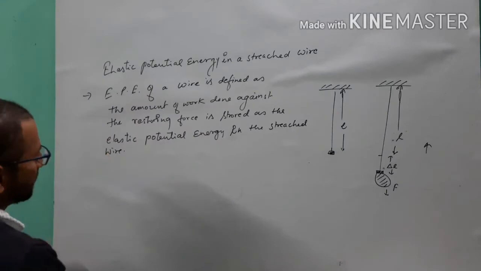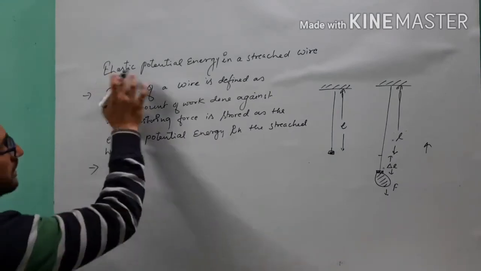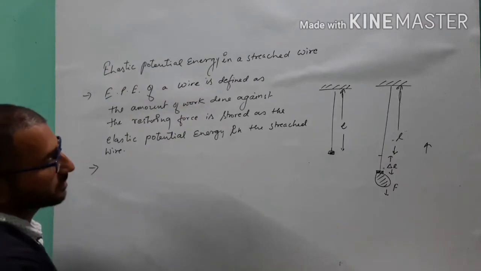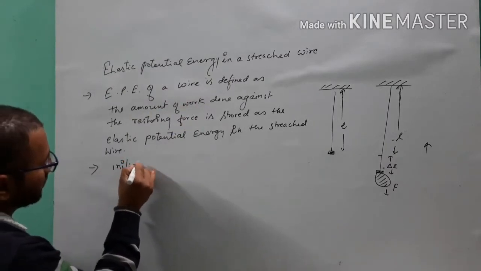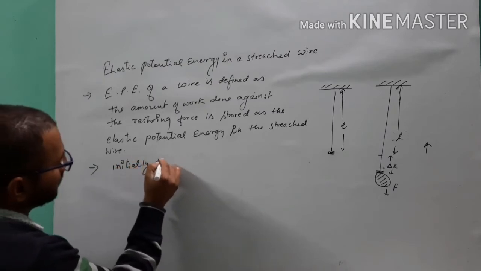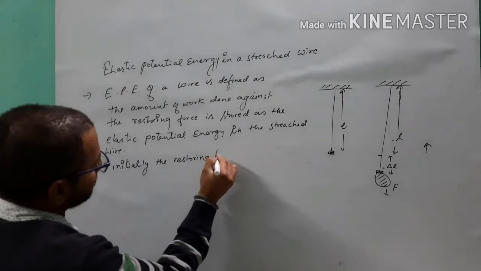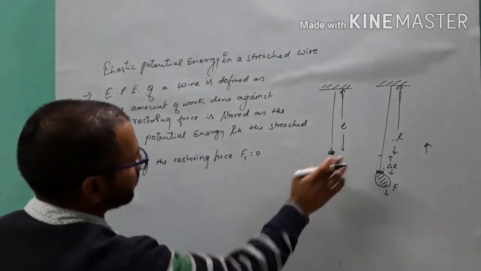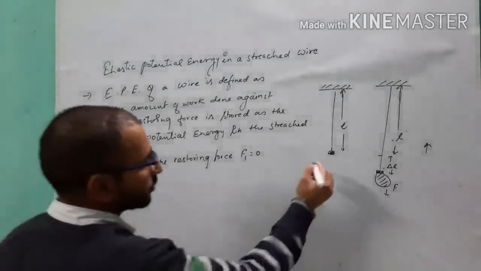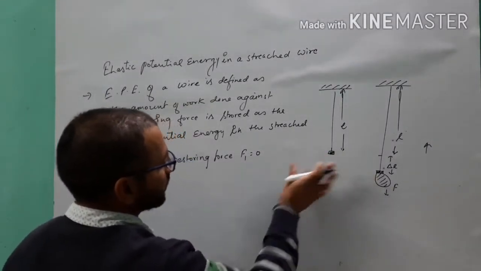So let us explain the derivation for the elastic potential energy of the wire. Initially the restoring force F1 is equal to 0, because no external force is applied.